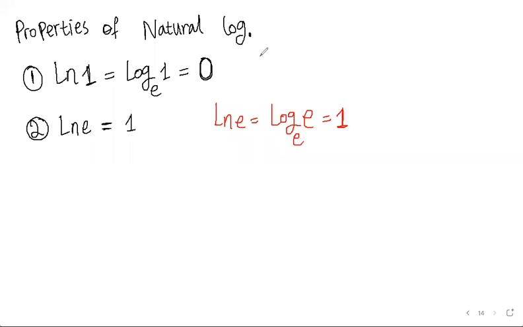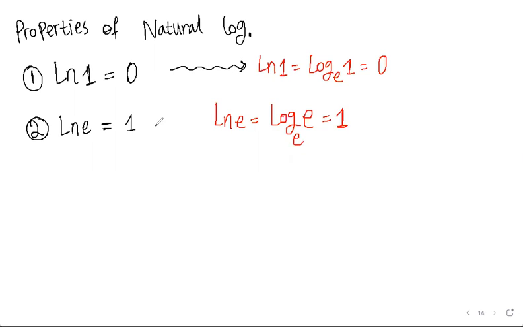Here, ln of 1 is equal to log of 1, and by using the logarithm properties, this is equal to 0. That's why ln of 1 is always 0.